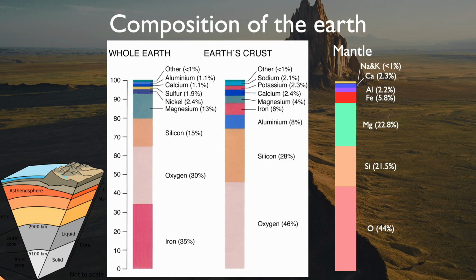Okay, so how is the mantle different from our Earth's crust? Well, it is actually quite similar. So we have also oxygen leading the way in our composition of our mantle, that layer below our crust, at 44%, pretty similar to our crustal composition of 46. Second place, we have silicon, again, at 21.5%, so in the 20% range, so very similar.